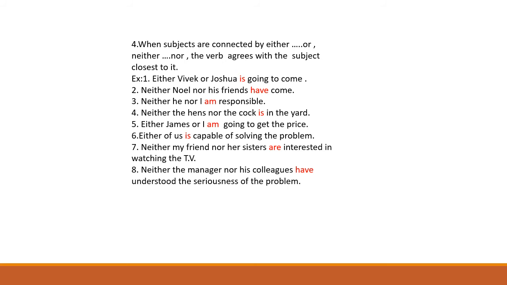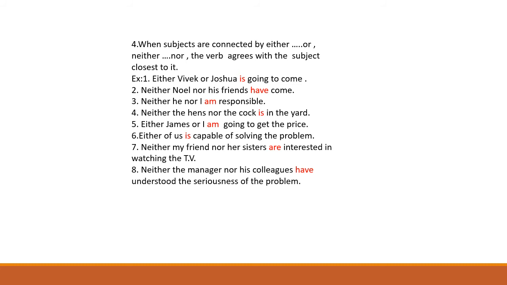Either of us is capable. Either singular, verb also is singular. Neither my friend nor her sisters are interested in watching the TV. Sisters is plural here, so are, plural verb. Neither the manager nor his colleagues have understood the seriousness of the problem.